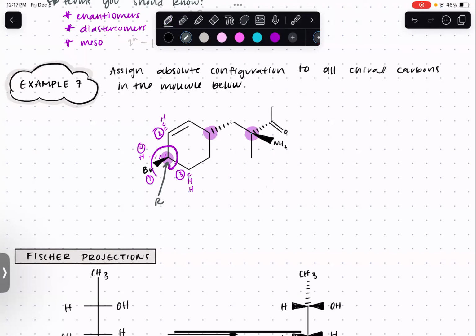And then the next one is going to be this one here in the middle. So this one has a hydrogen coming forward. And this is our 4 group. Then this is carbon, carbon, hydrogen.